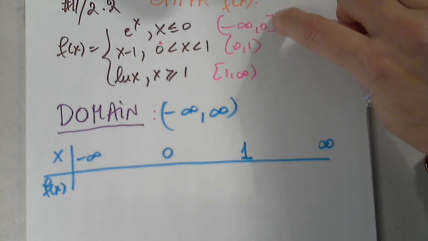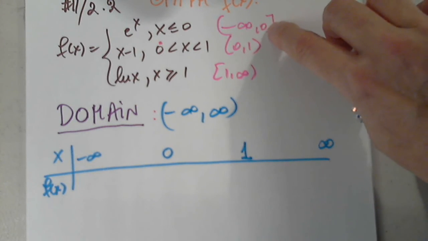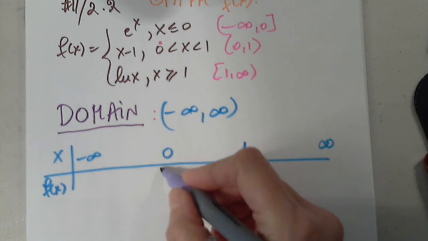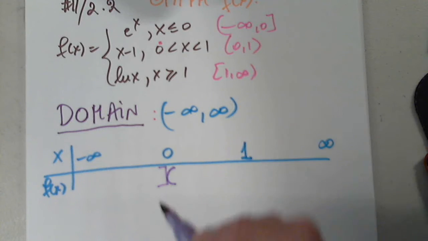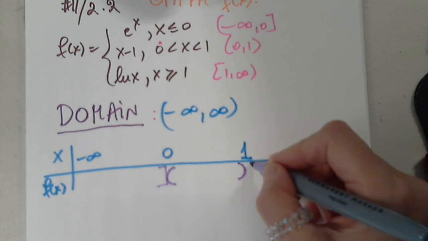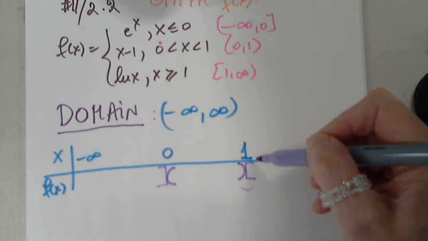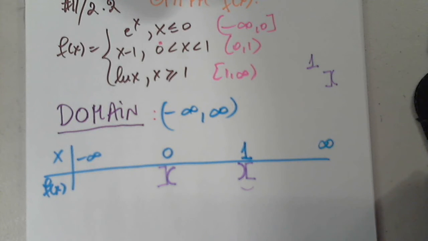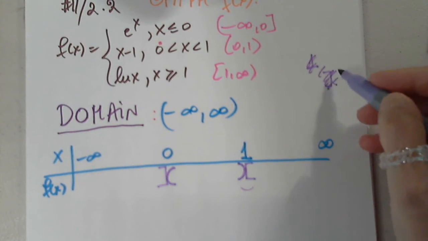I will copy now the symbols I see under 0. A bracket to the left and a parenthesis to the right, and they are touching each other. And the same thing, 1 parenthesis to the left and a bracket to the right, they are exactly under 1, not like this. Okay?